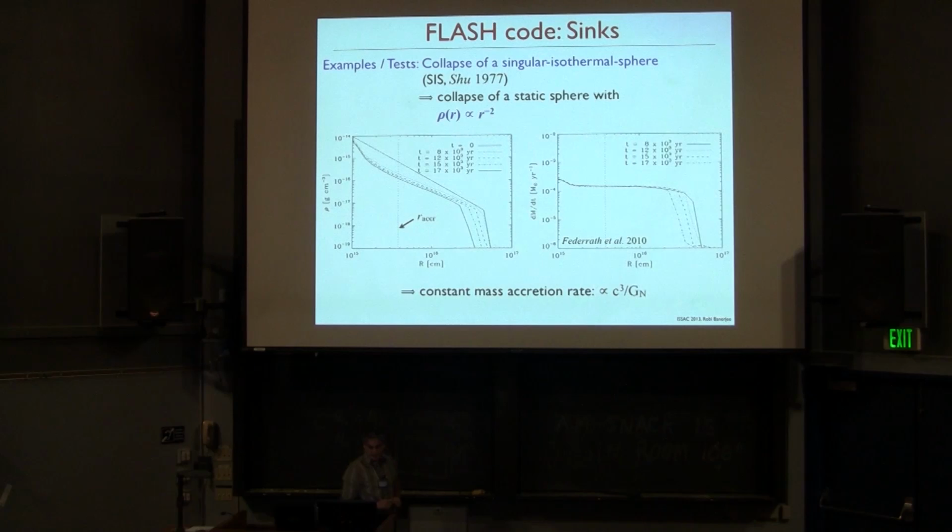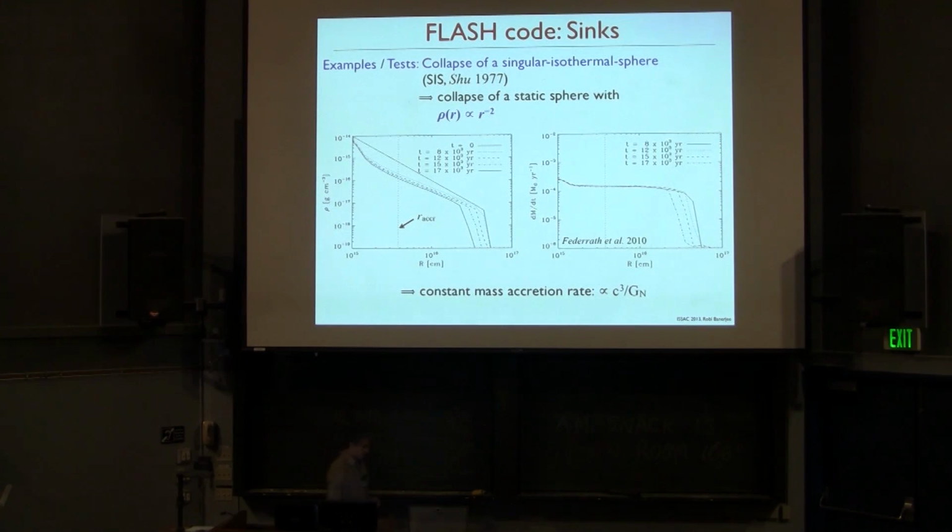And here's another test, for instance, where we collapsed a singular isothermal sphere, because there's an analytic solution for the accretion rate. This is what you see here. We put a sink particle, here's the accretion radius, and then calculate the accretion rate.